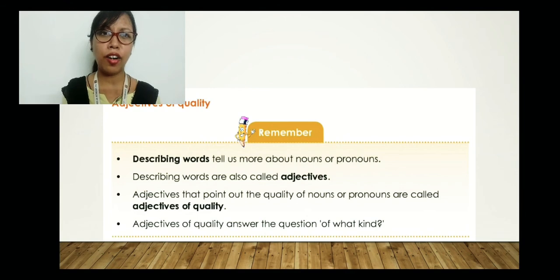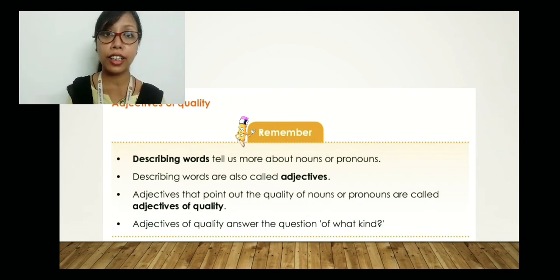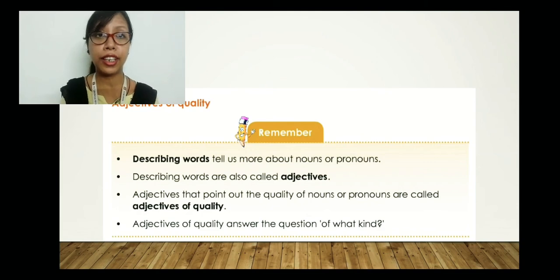Now, when it asks what kind of thing it is, that means I am asking about the quality. When the adjective describes the quality of the noun or pronoun, then it is called the adjectives of quality. Now adjectives of quality answer the question of what kind of bird it is. It is a blue bird.